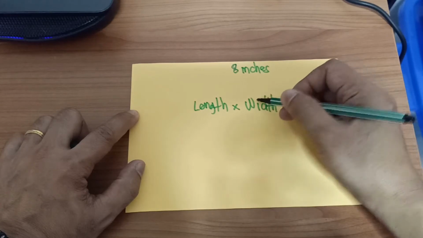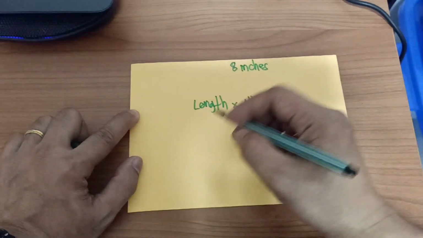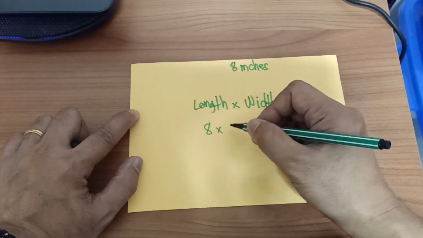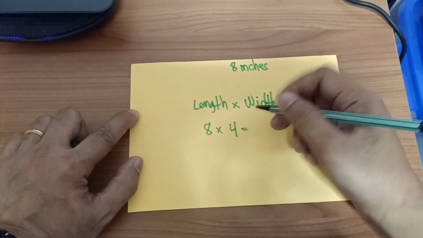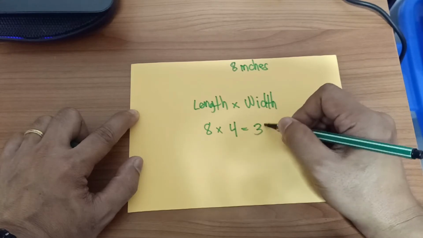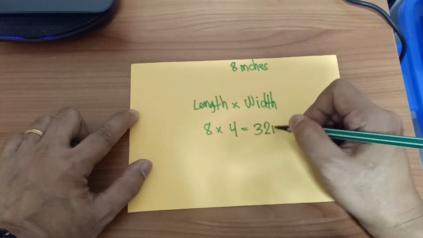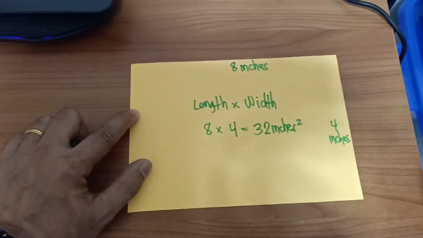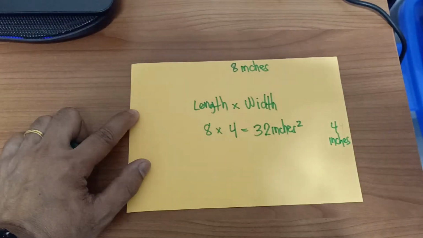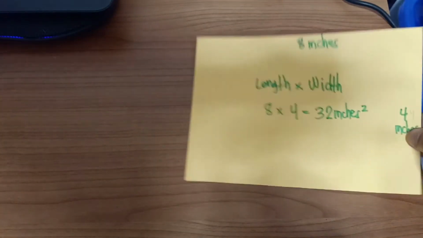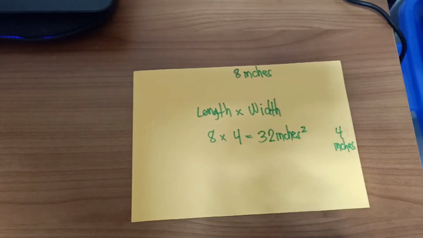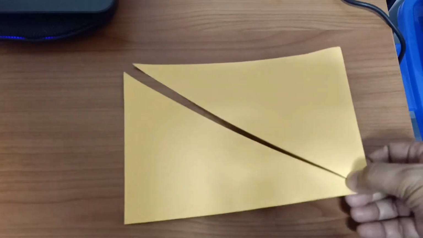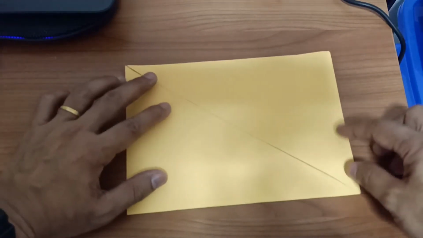It's length times width. So the length is 8 times the width is 4, so this is 32 inches square. So from this rectangle we divide it into two equal parts to make two triangles, right?